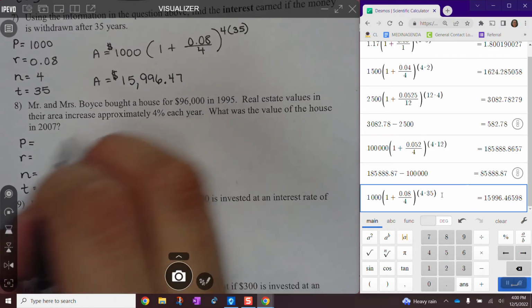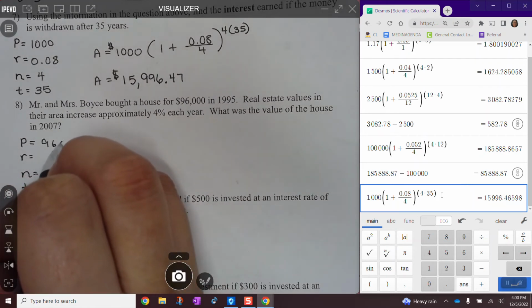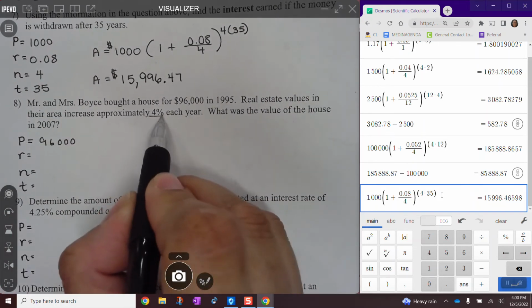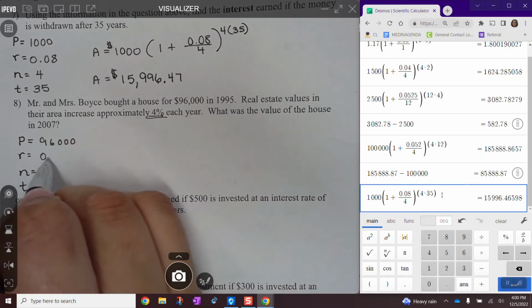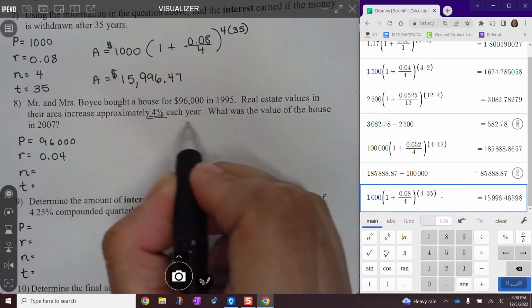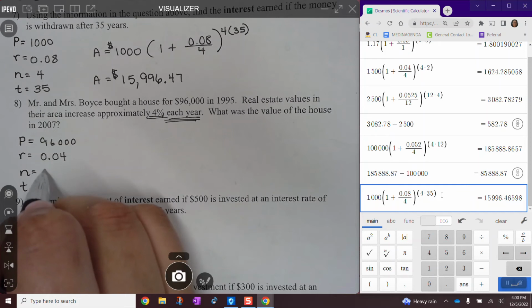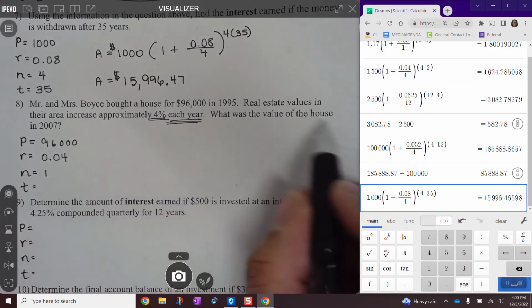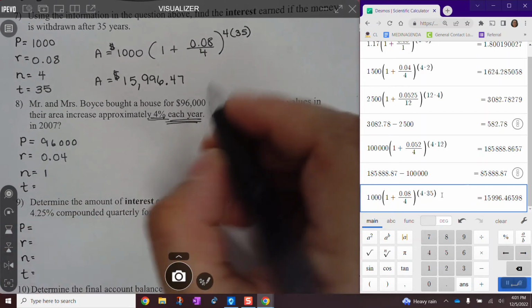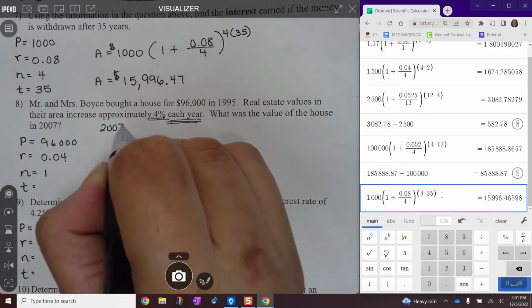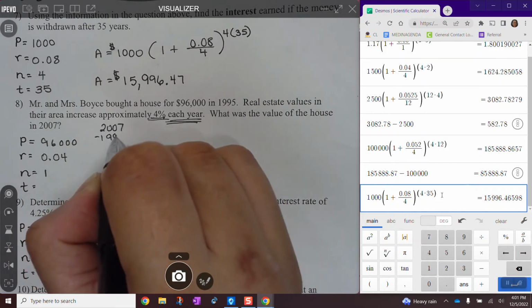Okay, initial value. The increase was 4% each year. So that means the compounding is 1. The time, let me see, 1995. So what's 2007 minus 1995?